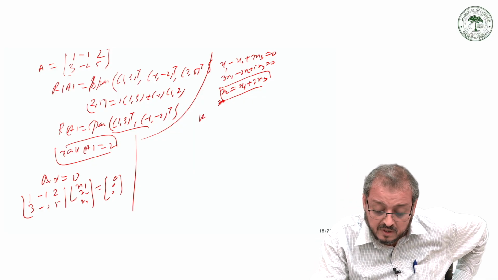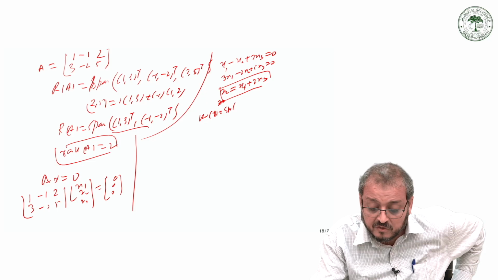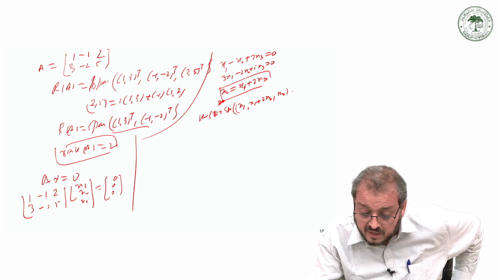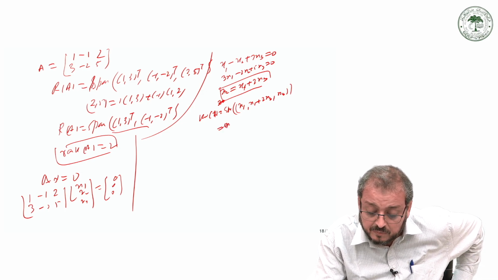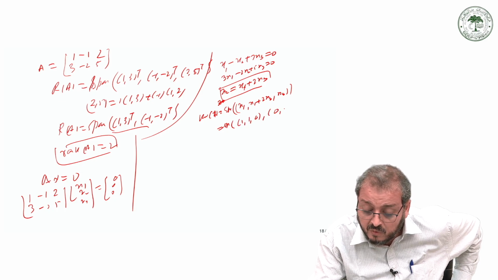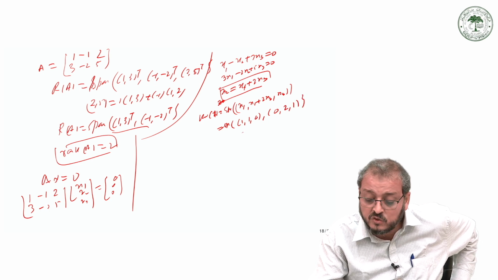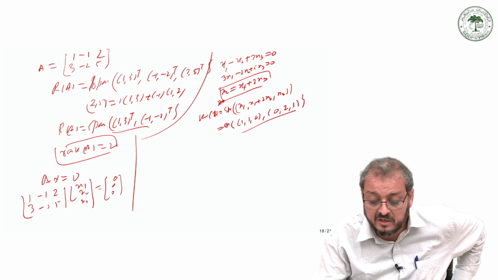So the kernel of A can be written as the span of (x1, x1 plus twice x3, x3), and then this can be written as the span of (1, 1, 0) and (0, 2, 1), and these two vectors are clearly linearly independent.